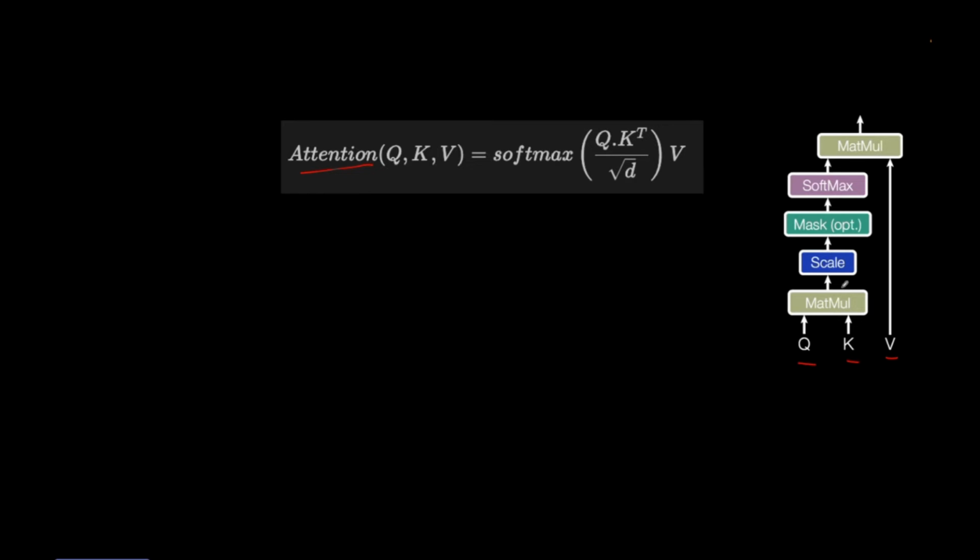You have the matrix multiplication, you have the scaling here. This is an optional mask. We're not going to use it at the moment, we'll come to it later. Then we have the softmax component, and then the matrix multiplication here. So the information is flowing from the bottom to the top of this diagram.